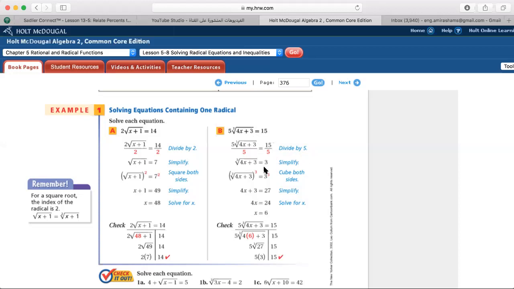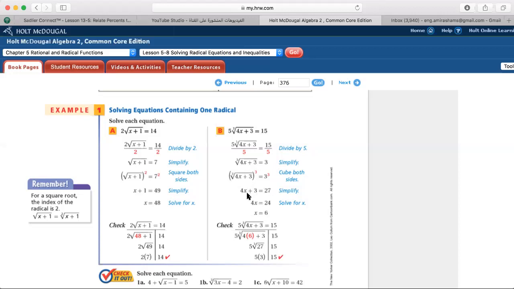The index here is 3, so I'm going to raise both sides to the power of 3. Here I have the cubic root of 4x plus 3 to the power of 3. The power of 3 will cancel the cubic root. So I will get on this side 4x plus 3, and on the other side I have 3 to the power of 3, which is 27.